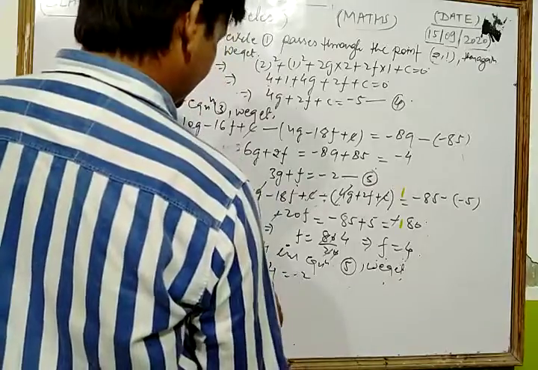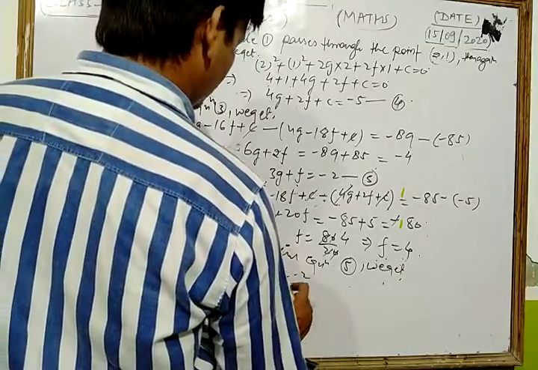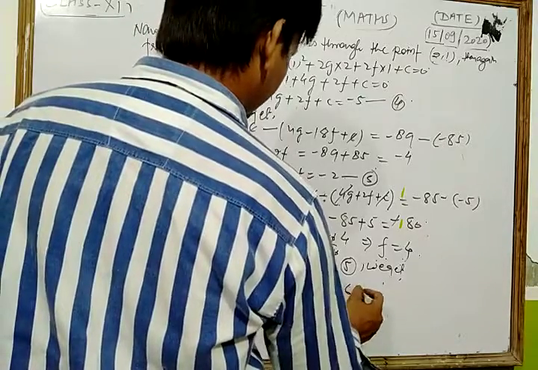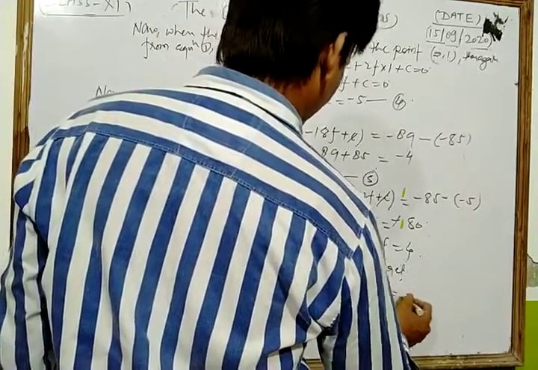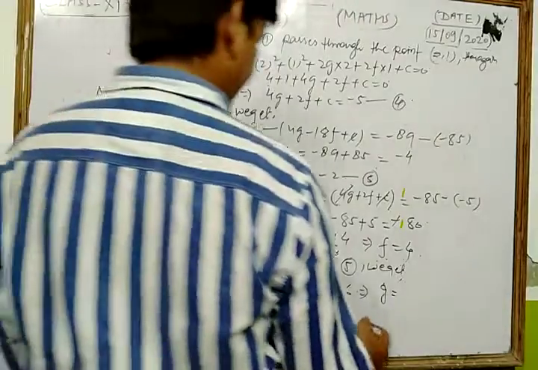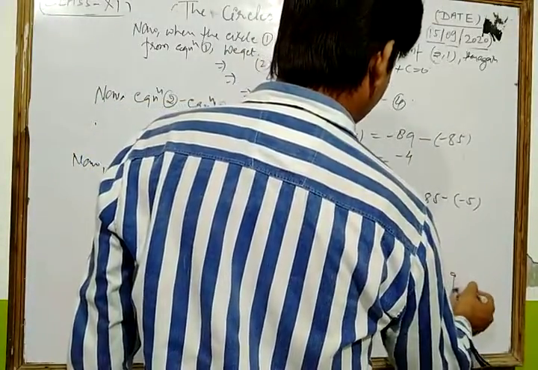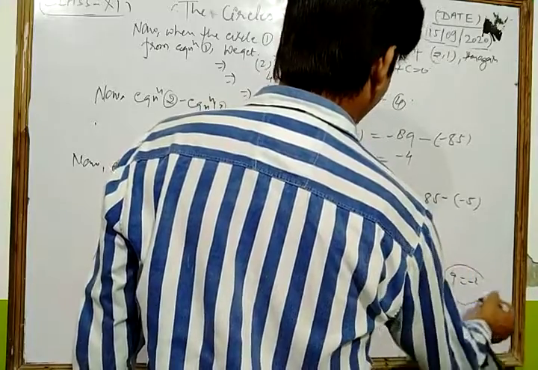So 3g is equal to minus 2 minus 4, that is minus 6. So the value of g is minus 6 upon 3, which is minus 2.